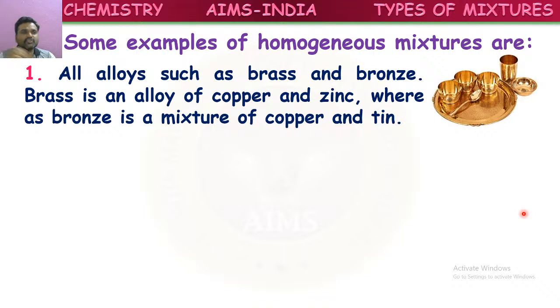In the same way, bronze is also a mixture of two metals, copper and tin. These come under homogeneous mixtures because once bronze and brass are formed, we cannot identify the original components present in them. We cannot see copper and zinc separately in the brass. They made a uniform solution, so they are homogeneous.